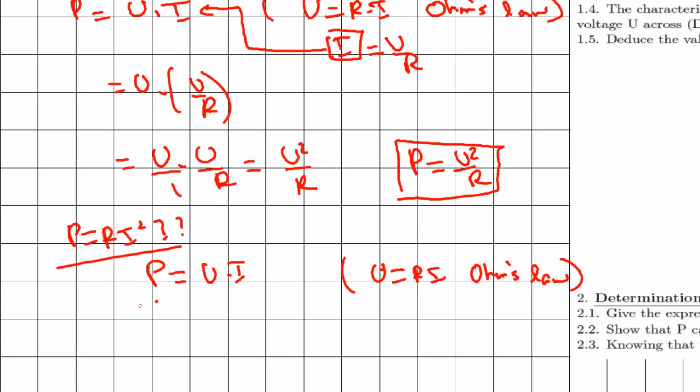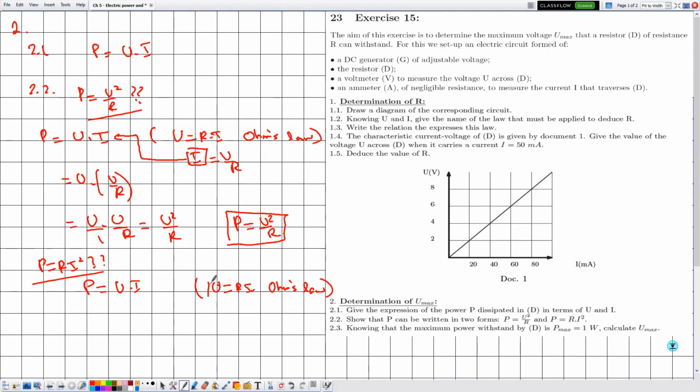Now comparing also both terms, you notice that U is absent, which means that this simply must be replaced here, which is given by R multiplied by I, which is equal to R i i, which is equal to R i square. Then P is equal to R i square. So now we can use each of the following forms.